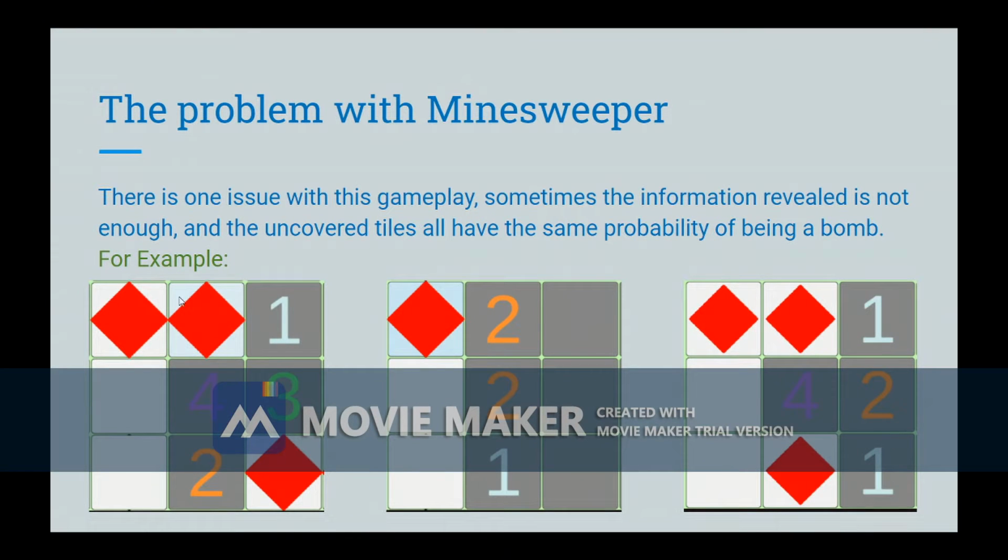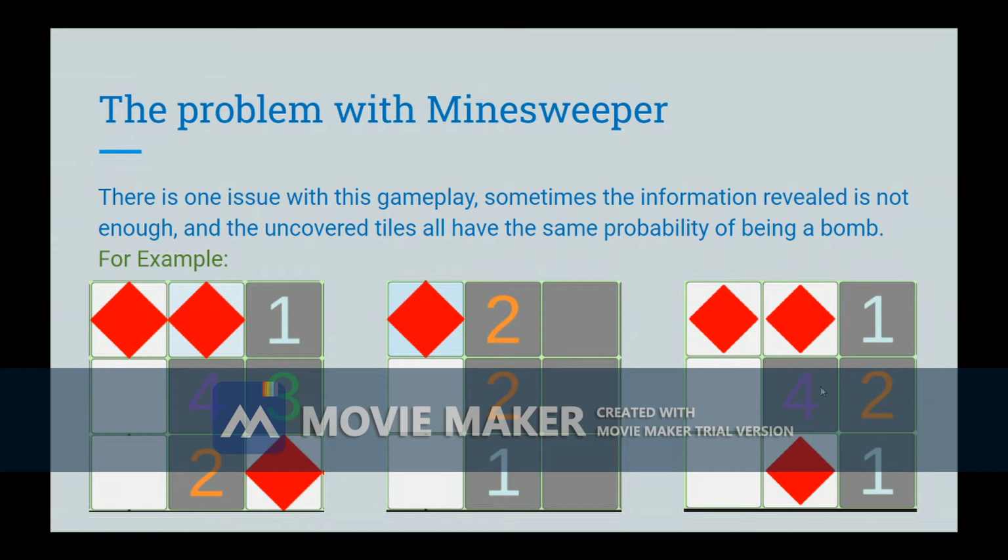For example, right here we have 4 surrounding bombs, and we have 3 here, so it's either under one of these 2. Same with this 2, we have 1 here, so it's either under one of these 2. Same sort of percentage possibility of each scenario.